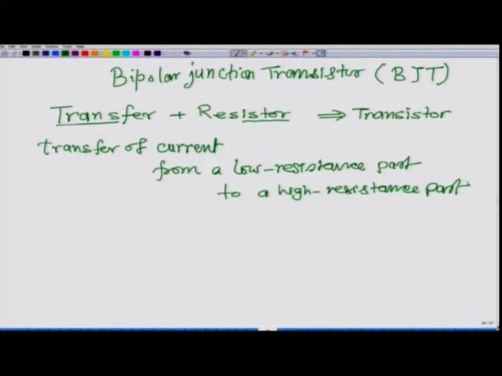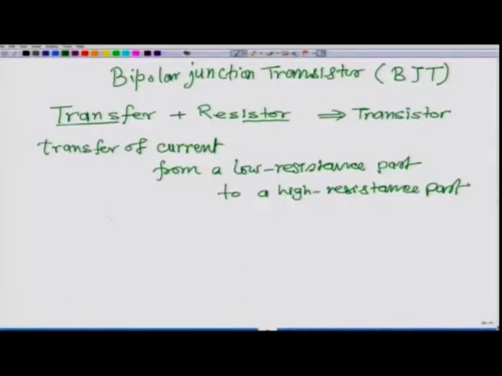And if you do that, the power will be increased. If you have almost the same current going in a low resistance circuit and of the same order current going in a high resistance circuit, then you gain power.